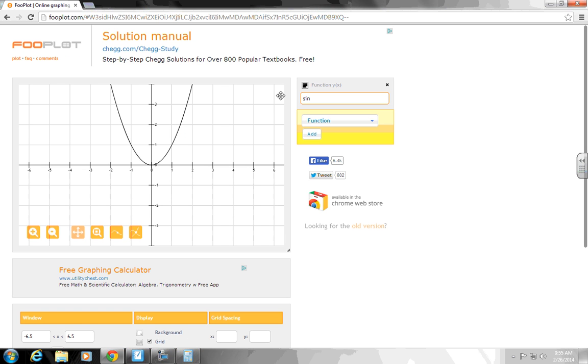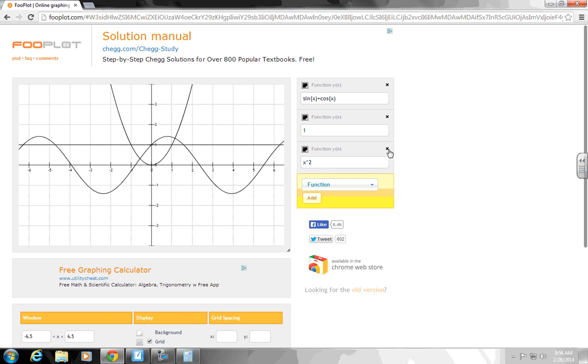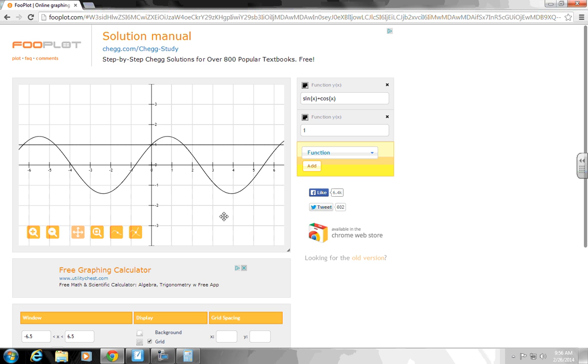One function is sine of x plus cosine of x, the left hand side, and the other function is just 1, and I don't need the parabola, right? Now think about the interval from 0 to 2 pi. So where is 2 pi? That's that interval, right? This is 2 pi, 6 point something. So it only has 2 solutions here and there, where they intersect. Our solution gave us those 2 as well, when they both equal -1. But I don't want -1, I just want +1. Okay?